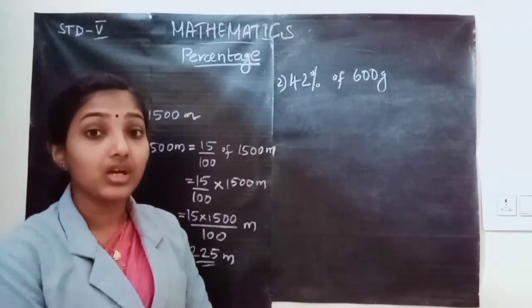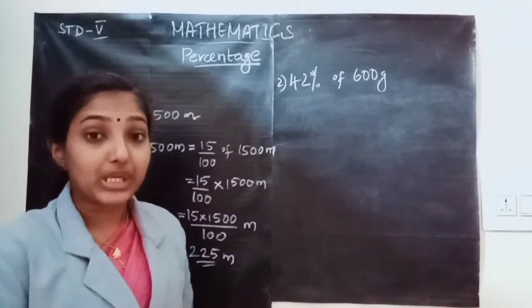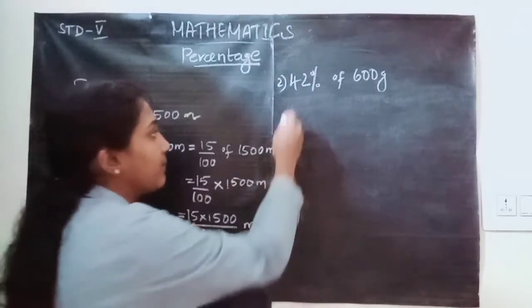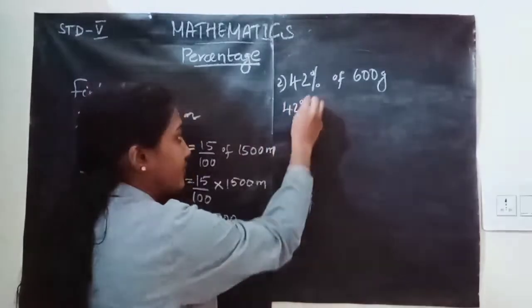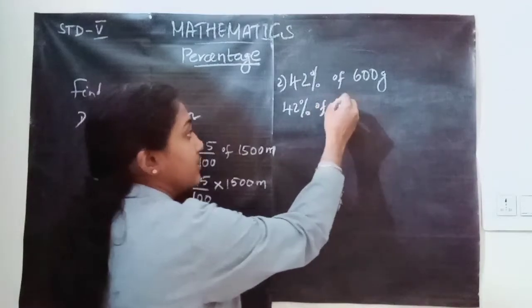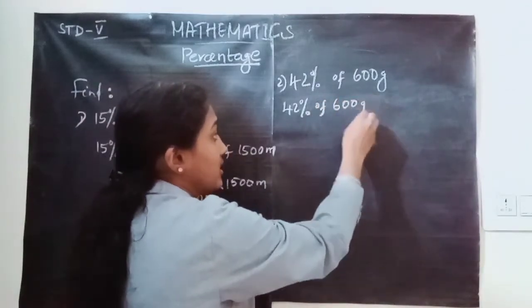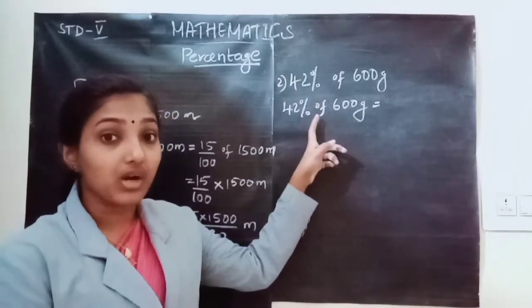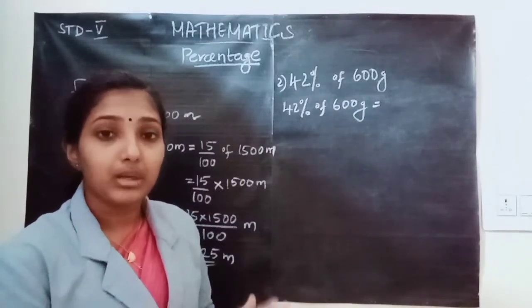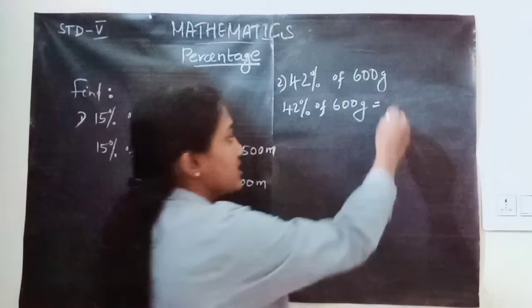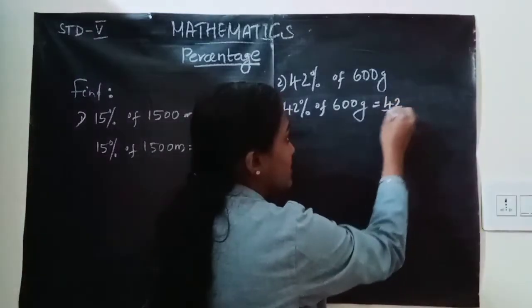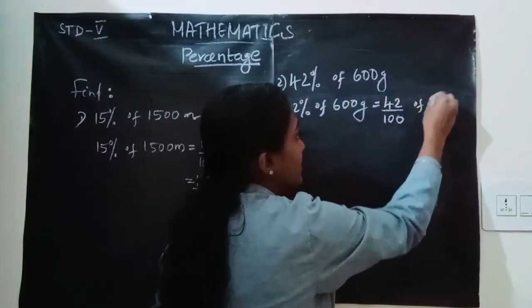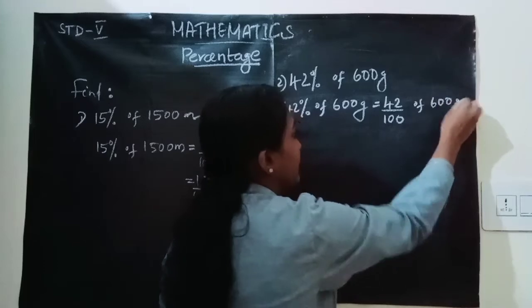Here we have to find 42% of 600 gram. We need to find out how much will be 42% of 600 gram. And to find that, we can do the same procedure. So 42% of 600 gram. Here this 'of' means we have to do the multiplication, right? So this is 42 by 100 of 600 gram.